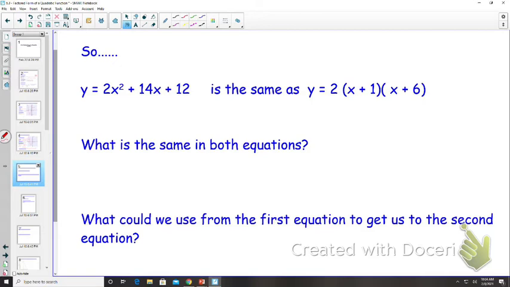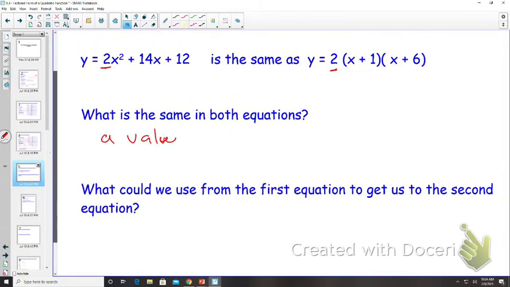What is the only thing that you see in both? I guess we see x's. How about the a value? A value stays the same? A value is the same.